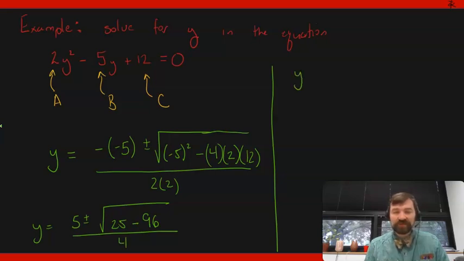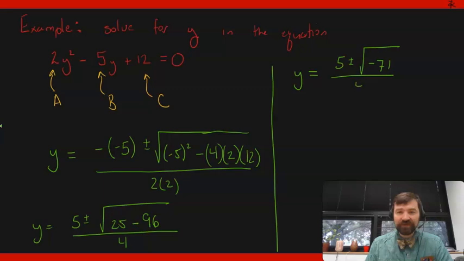Okay, so in this case, y is not going to have a real value. It probably means that this problem is not being solved for physical quantities, or you would have a sign error somewhere in your quantities. But given the equation we have, this is what you end up getting. So 5 plus or minus the square root of negative 71, divided by 4.